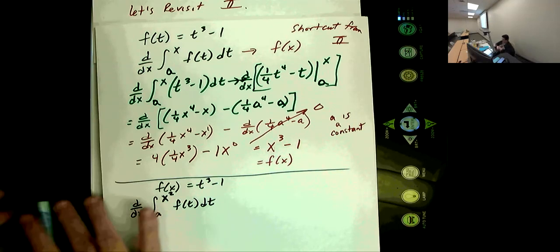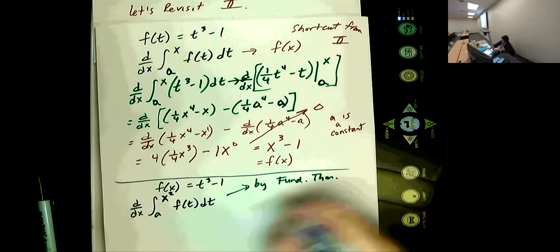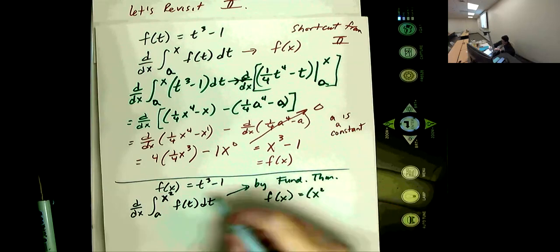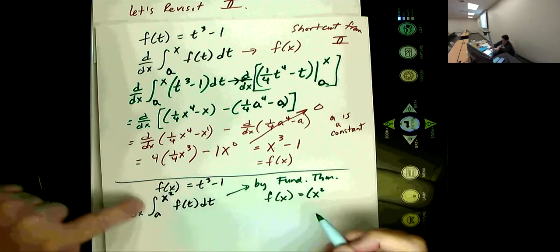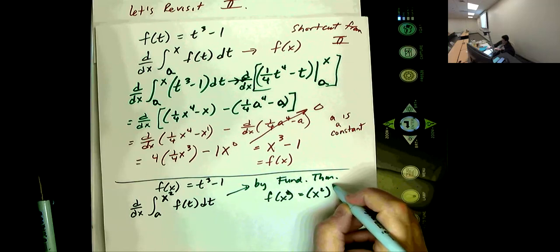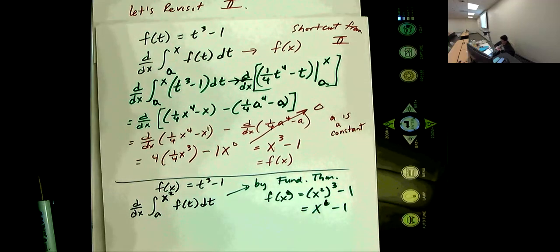By the fundamental theorem, you want to just say this is f of x, which would be plugging in x squared, not necessarily f of x, but f of what's up here, f of x squared, x squared cubed minus 1, which would be x to the 6th minus 1. That's what we want to say.